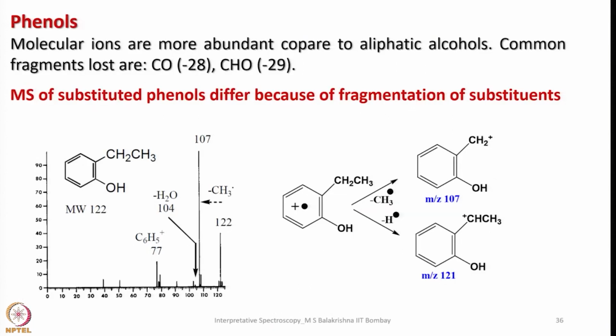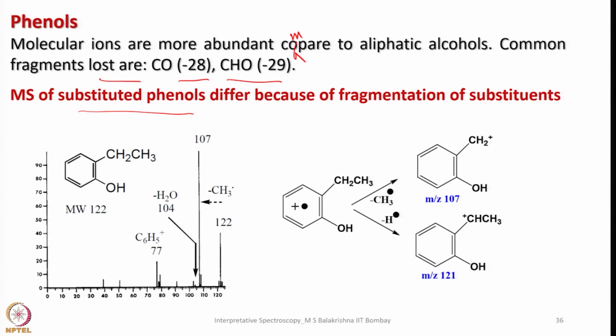Molecular ions are more abundant compared to aliphatic alcohols. Common fragments lost are CO, that means minus 28, and CHO, minus 29. Mass spectra of substituted phenols differ because of fragmentation of substituents. The fragmentation happens in different ways.